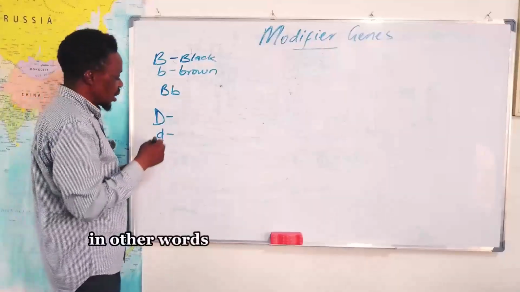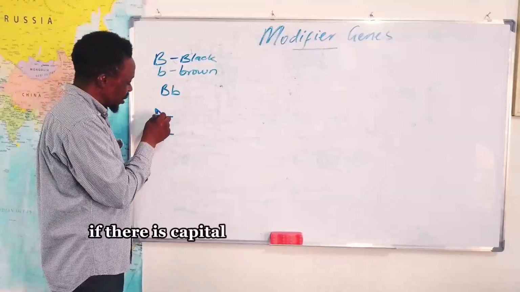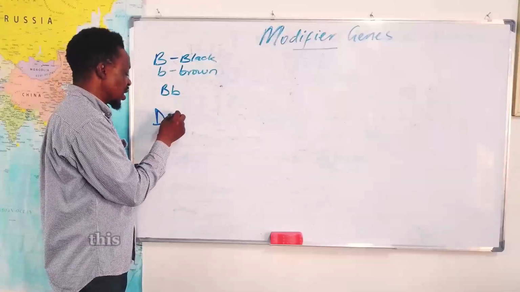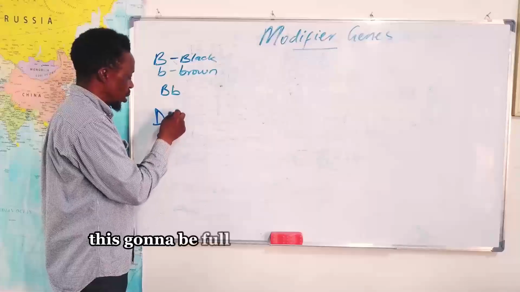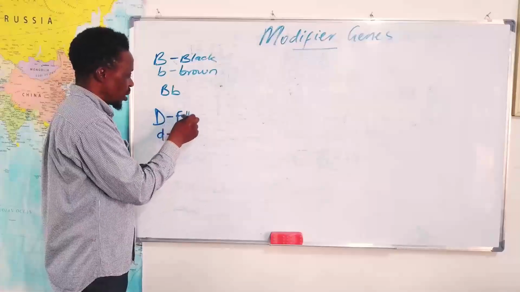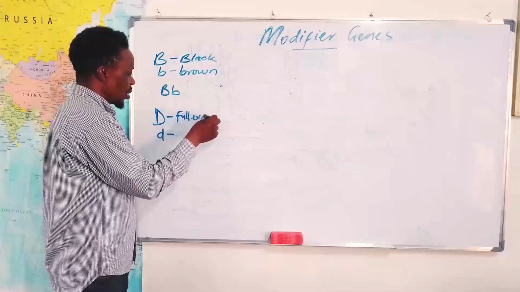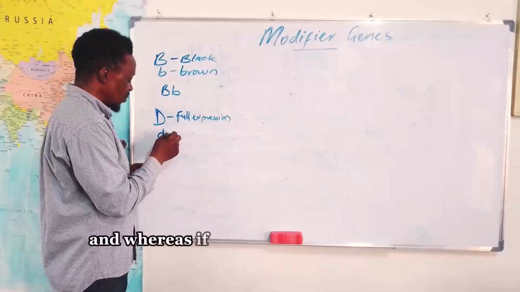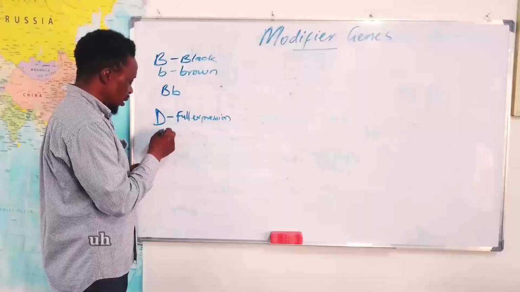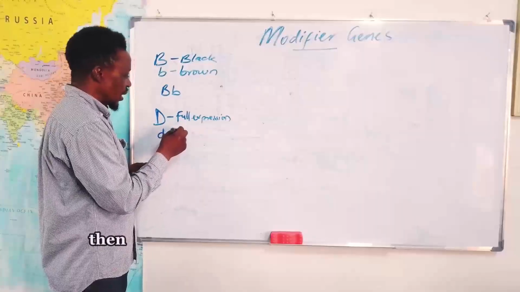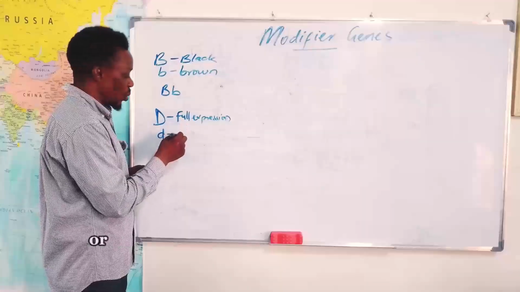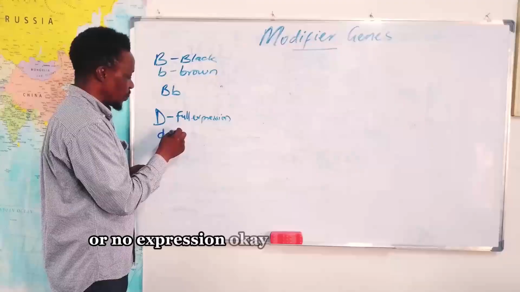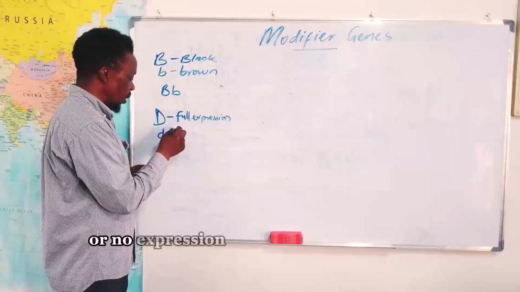If there is capital D here and it has dominance over small d, there's going to be full expression, or full intensity of expression. Whereas if this one is small d, then there will be low or no expression at all.